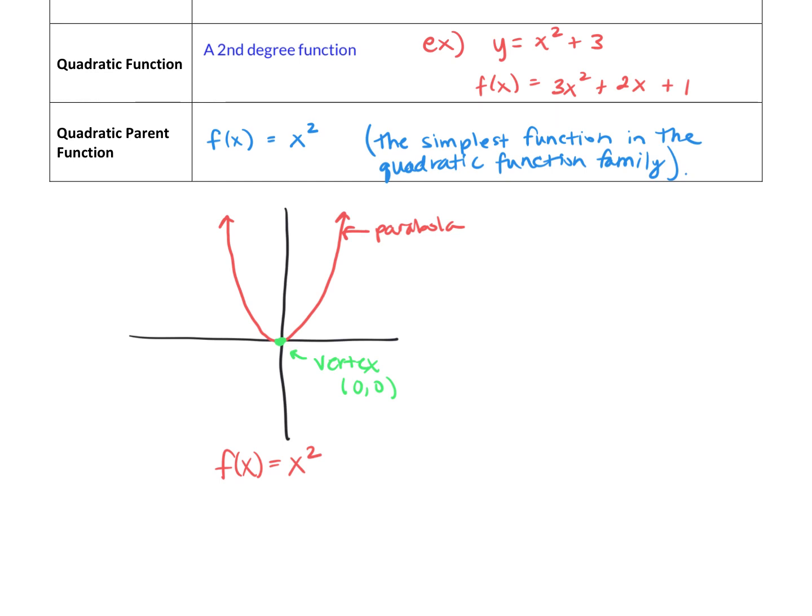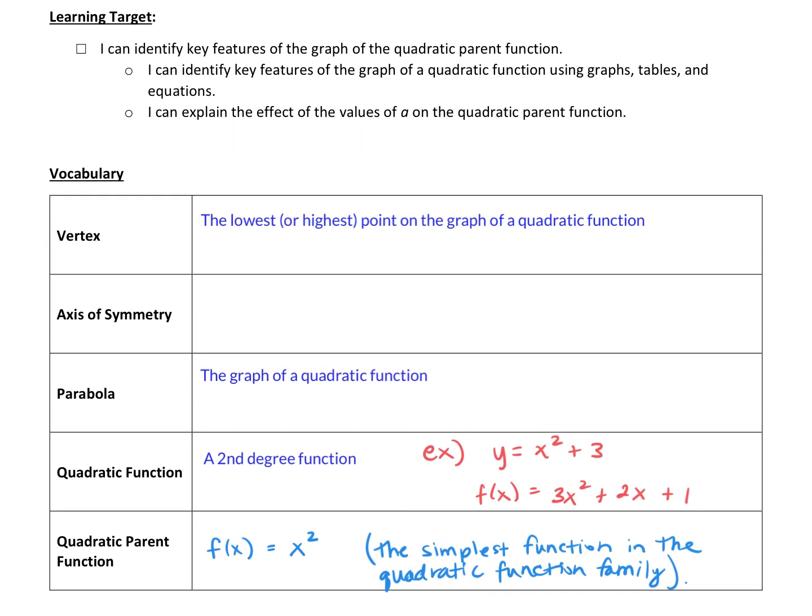And then our last vocab is the axis of symmetry. All right, so our axis of symmetry is going to be a vertical line. It's the vertical line that intersects the vertex, and it also divides the parabola in half.